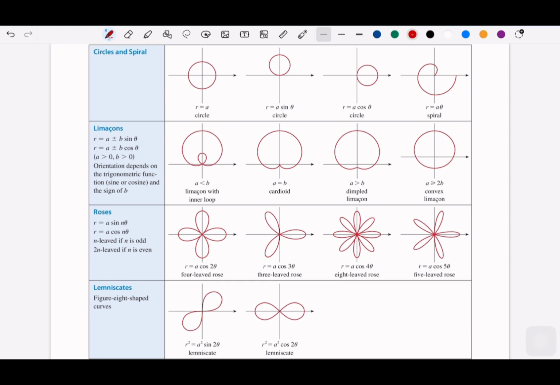And the last one is the lemniscate. Not much talking about this, but it might appear in the exam or in practice. What you should remember is that the lemniscate is like an infinity symbol. It has r squared equals a squared cosine 2 theta. But don't worry, in the exam I will also put the picture to help you navigate.